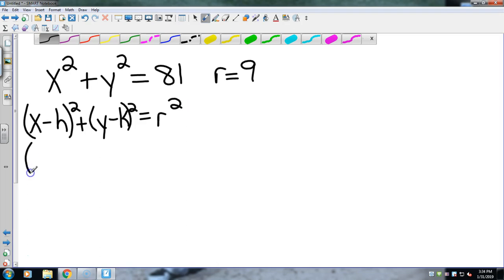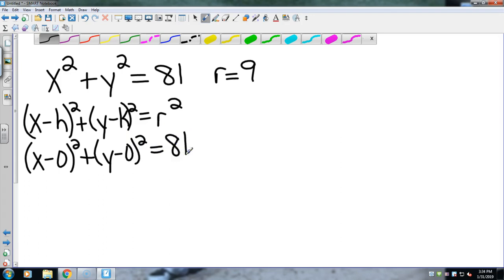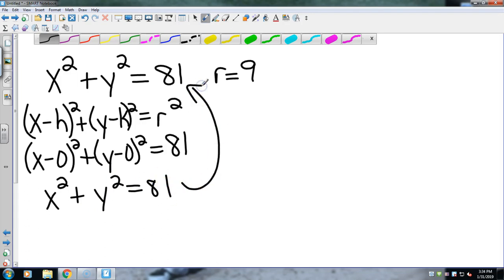So x minus 0 and y minus 0, we could actually do that, and it would come out to be x squared plus y squared equals 81, which is what we started out with.